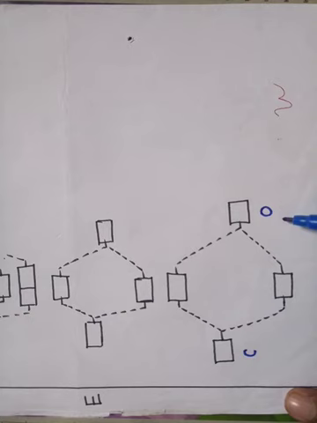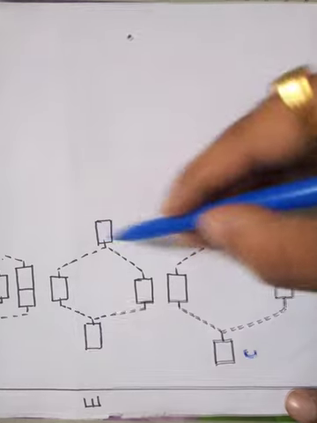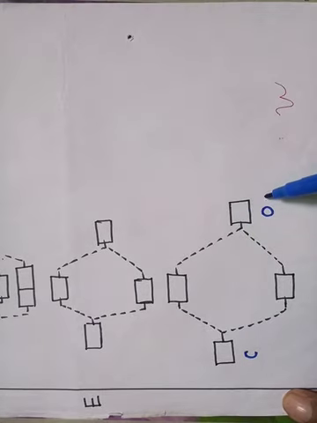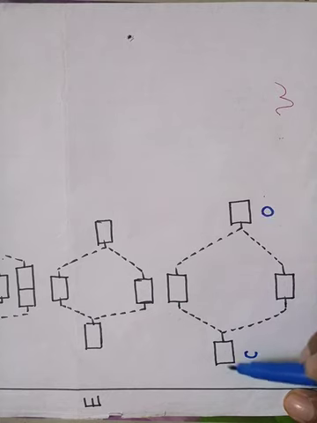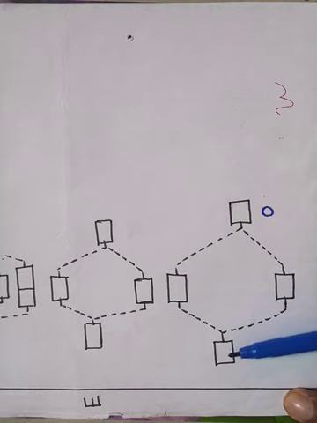So the energy of the atomic orbitals of carbon is higher than that of oxygen.